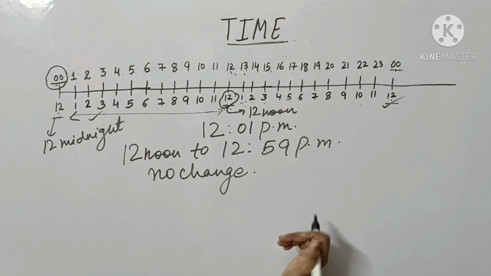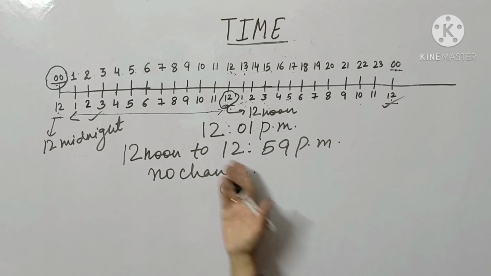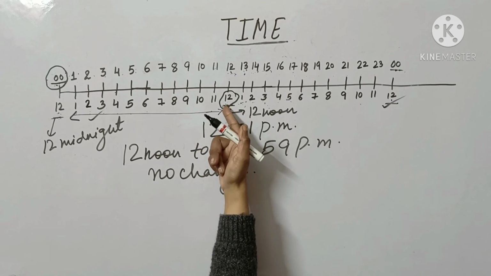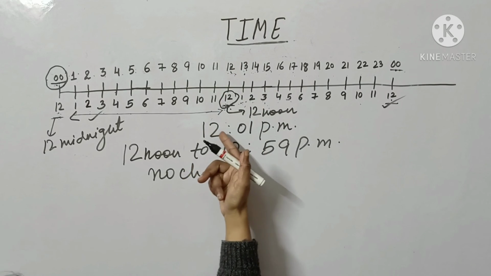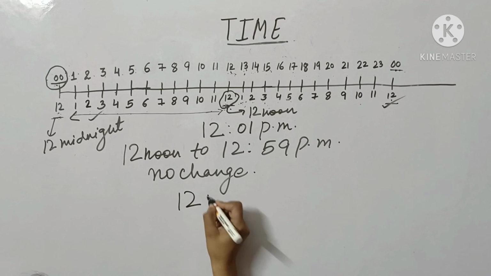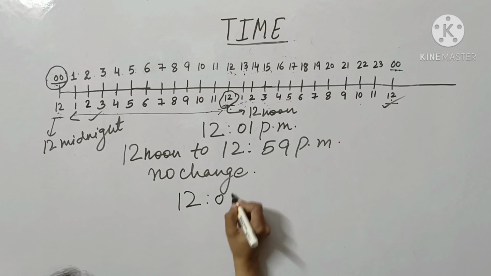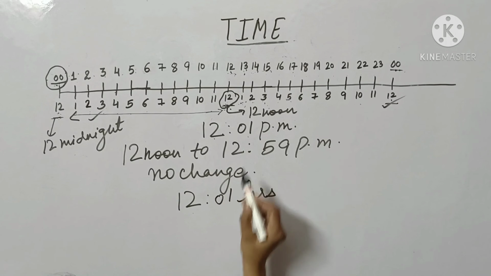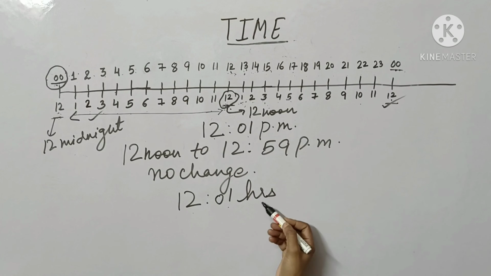Now suppose this time only I have to write, suppose 12:01 PM. Now you can see here it is 12, here also it is 12. So I will write the same time; minutes I never touch. 01 hours, you can see 12, 12, 01, 01. I have written hours here because the 24-hour clock time is not represented as AM or PM.